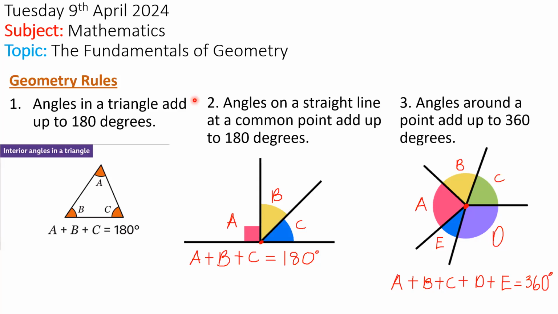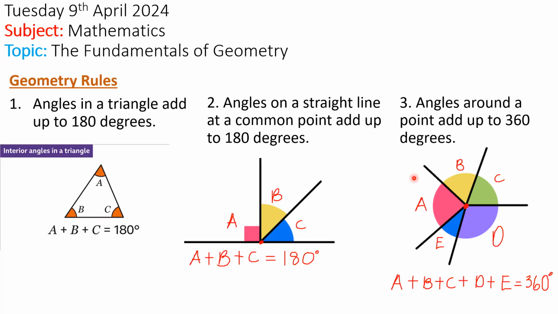Latalia, can you read the three rules for me? Latalia, are you there? Can't hear from Latalia. Where is Nivea Gordon? Can you read the three rules for me? Yes, sir. Geometry rules.